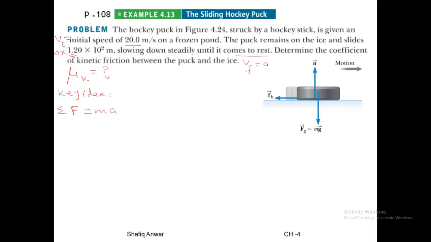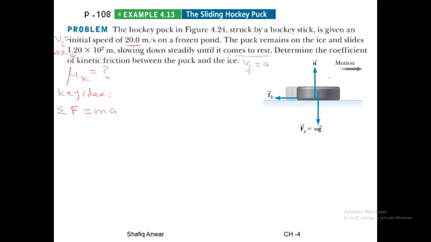Right, now the motion is along x-axis, right? So you have here the sum of the forces. You see, this is the motion, okay, around to the right side.